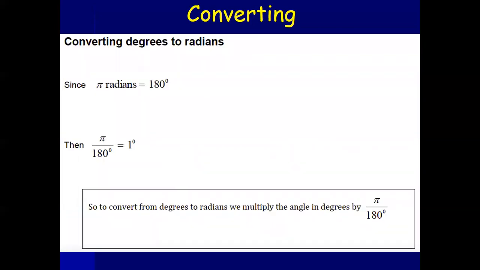So since pi radians is 180, then pi over 180 is 1 degree. Yeah. If 180 makes 100 pounds, 1 will be 100 divided by 180. Same thing. So 1 degree is pi over 180.